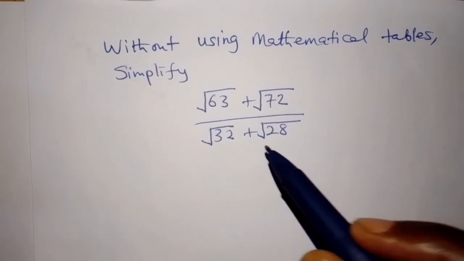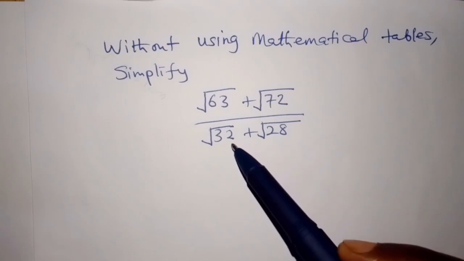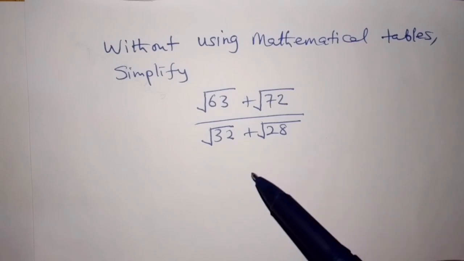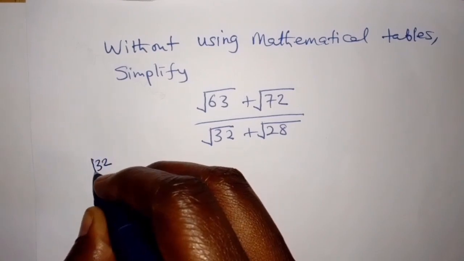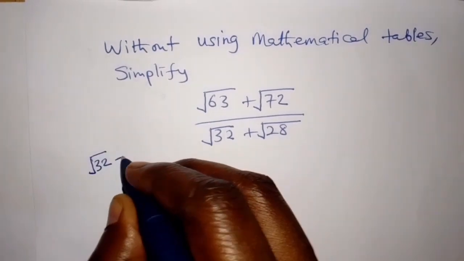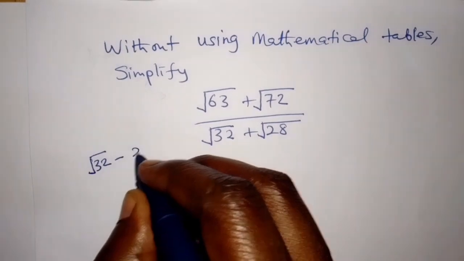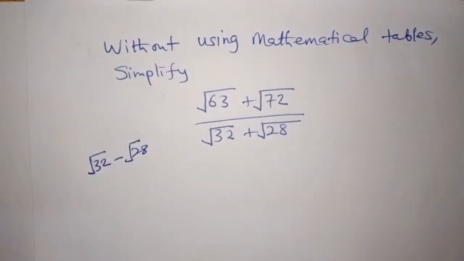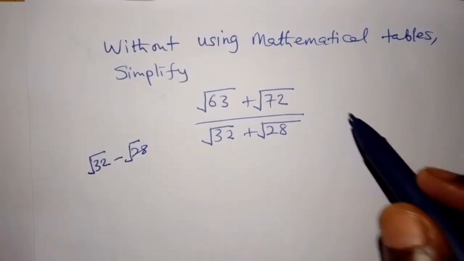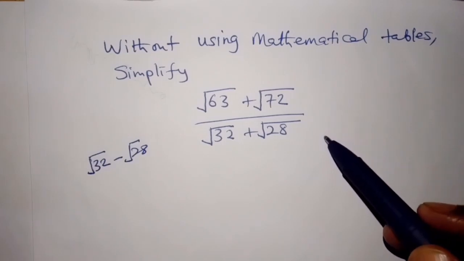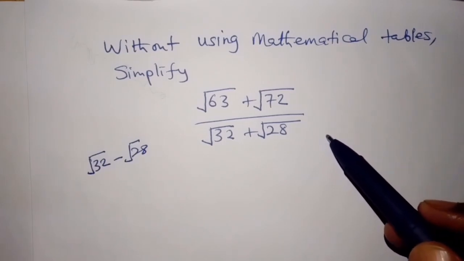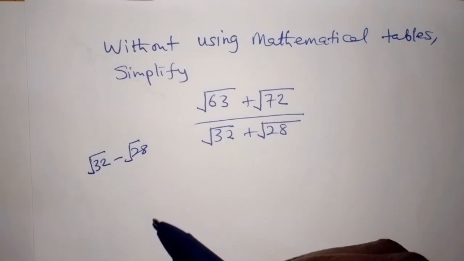So the conjugate of this expression is square root of 32 minus square root of 28. So we multiply numerator and denominator with this conjugate.